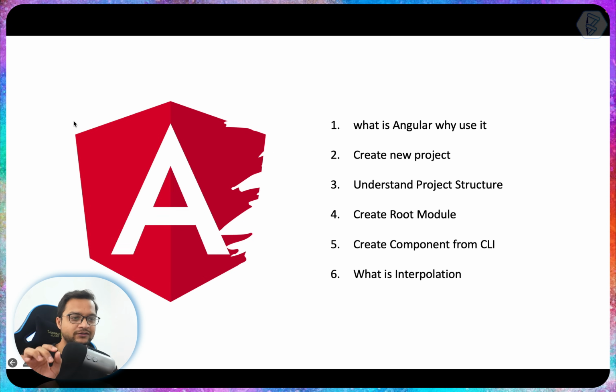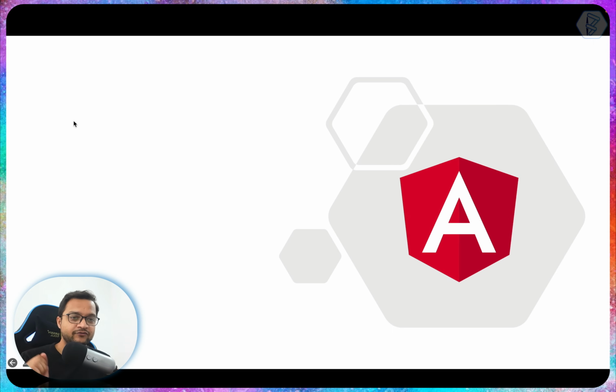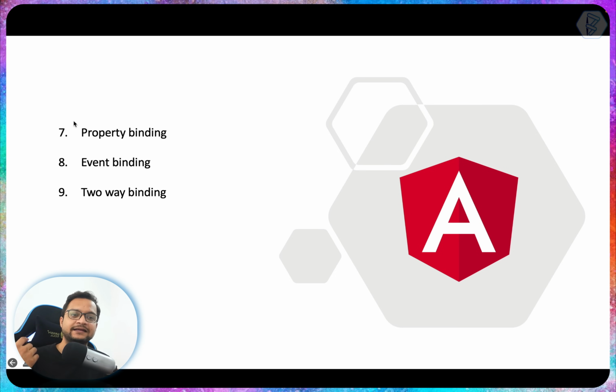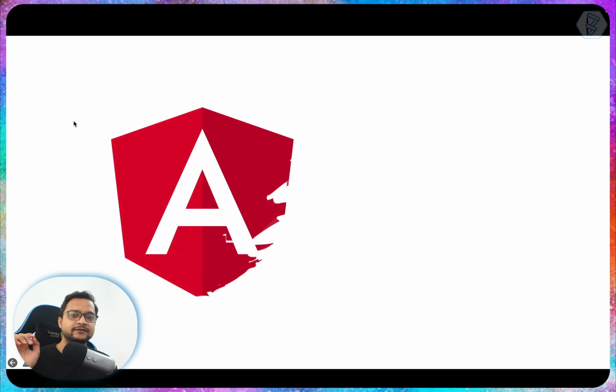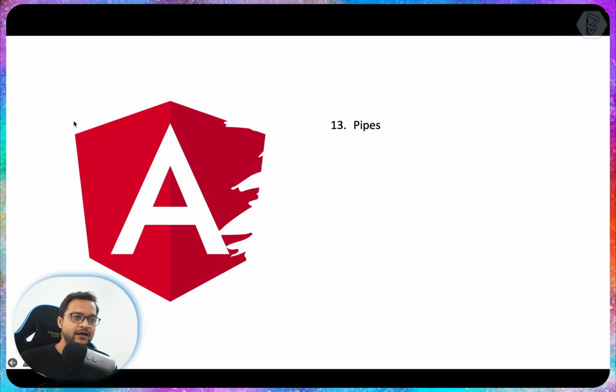Then we will talk about interpolation, and after that property binding, event binding, and two-way binding. After that we will see what directives are and which directives we are going to understand: ngIf, ngFor, and then we will understand pipes, which is a really great thing. Then we will use the CSS file to style the components.